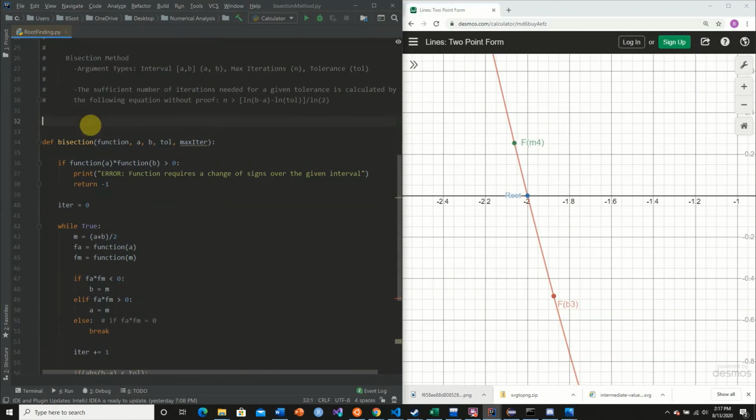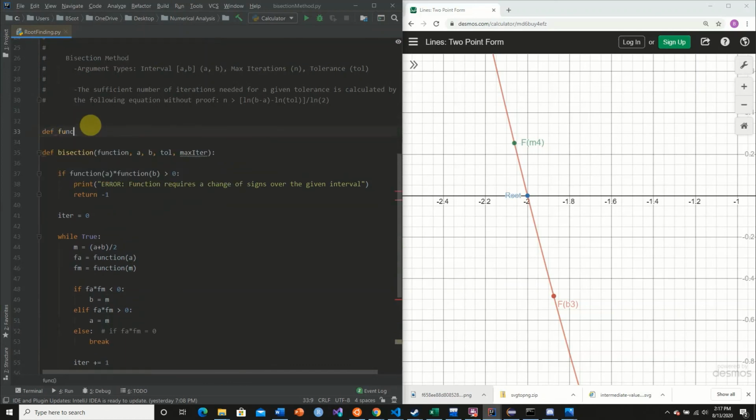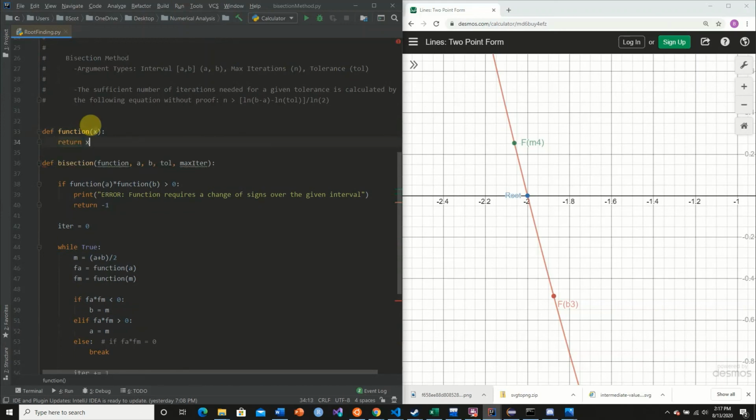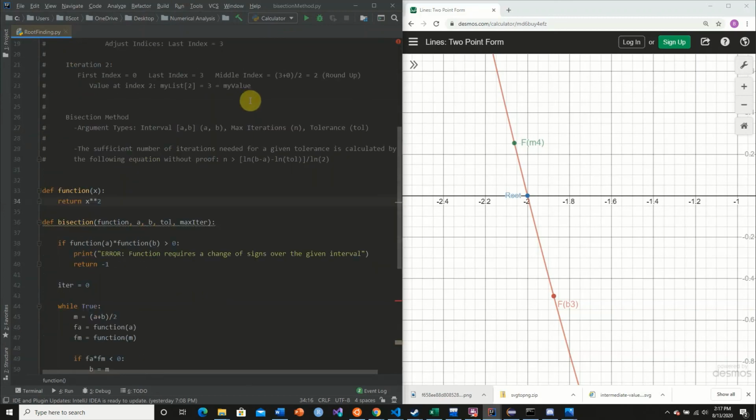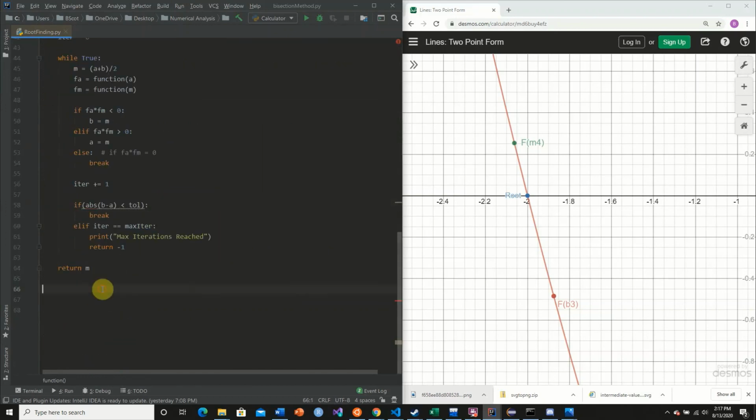We're going to define a new function. We're going to give it an x value. And we're simply going to return x raised to the second power. What did we say here? -4. And so now what we can do here is we can say x, or our root, is equal to bisection of our function.